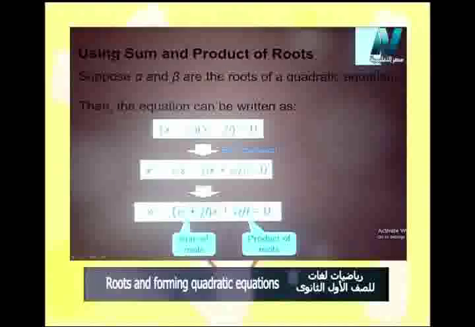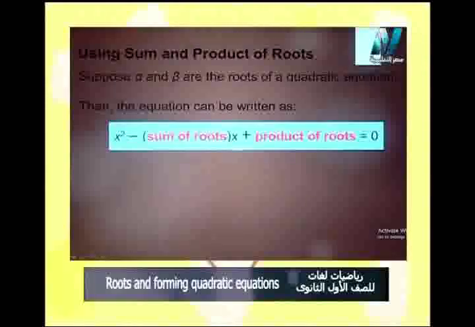Product means times, okay? So we have the sum here before x. And pay attention carefully, we have negative here. And we have positive here, alpha beta, which is the product. So the new form is x power 2 minus the sum of the roots multiplied by x plus the product of the two roots equals 0.